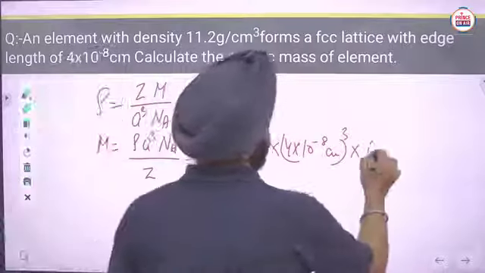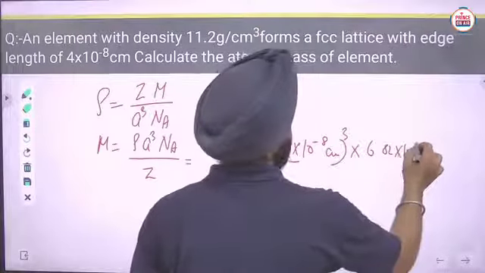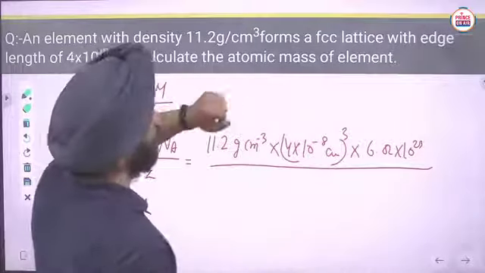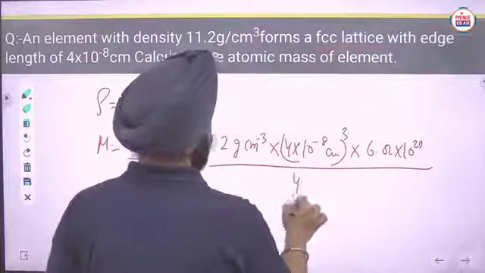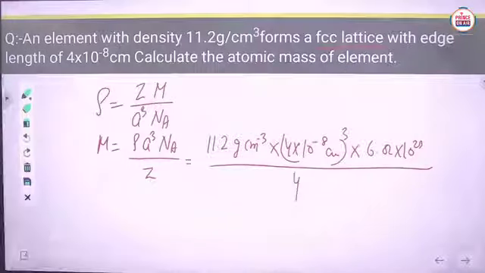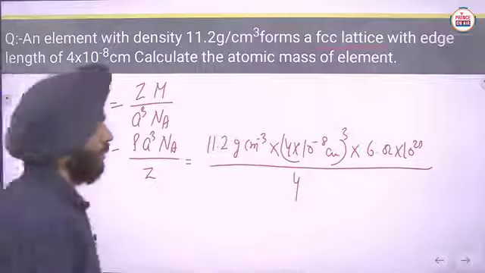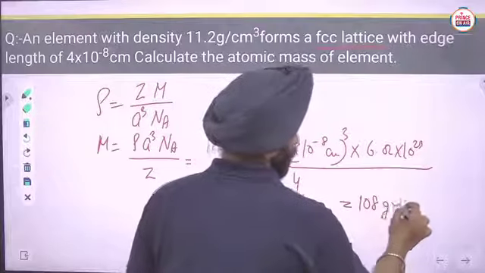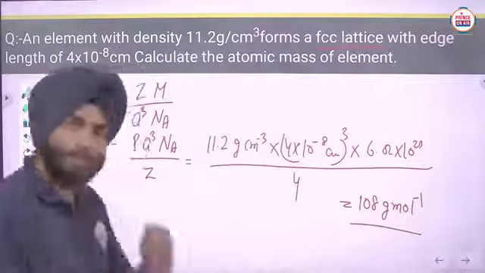Na is 6.02 into 10 raised to the power 23. And the value of Z, which type of lattice is this? FCC, so 4. Solve this calculation here. The answer will come out to be 108 gram per mole. Okay, clear?